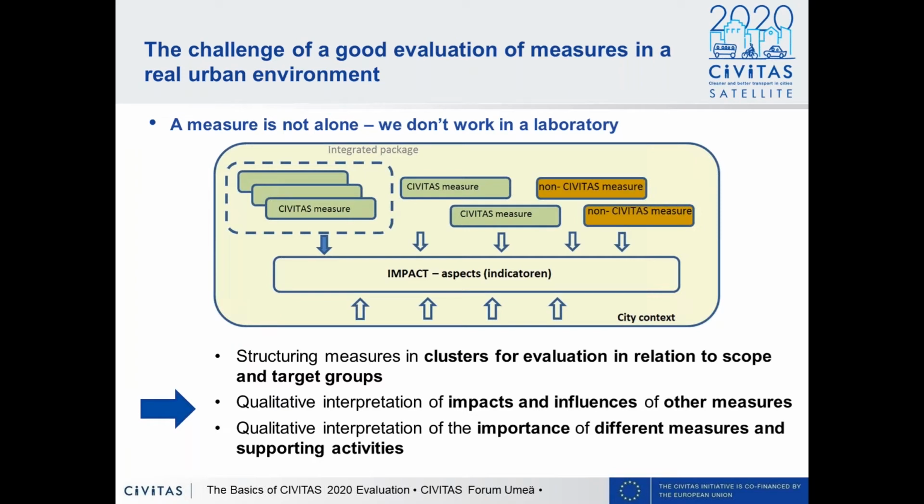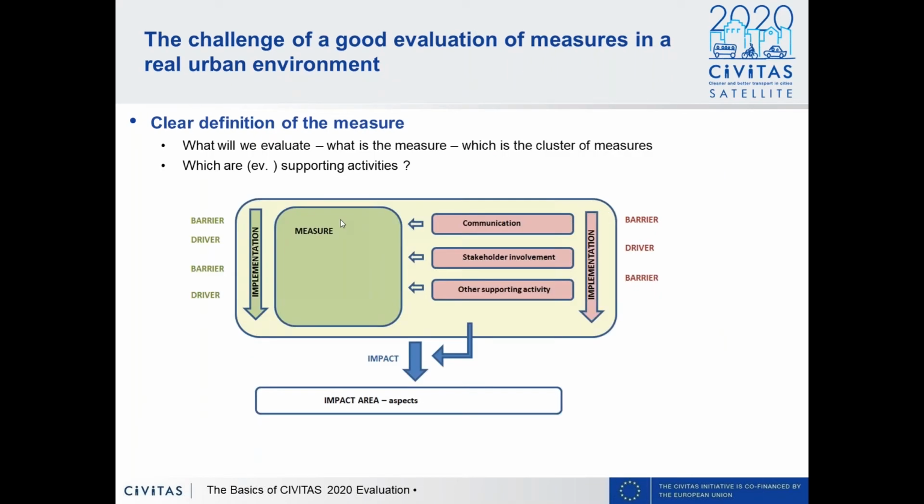The other thing is, it's also important when you talk about a measure to understand and to try to structure a bit what's happening in relation to that measure or as part of that measure. And also there, it's sometimes a choice because in some projects, they have, for instance, a measure bicycle lane and another measure awareness campaign. But of course, if this awareness campaign is really working also for this bicycle lane, these two are really coming together.